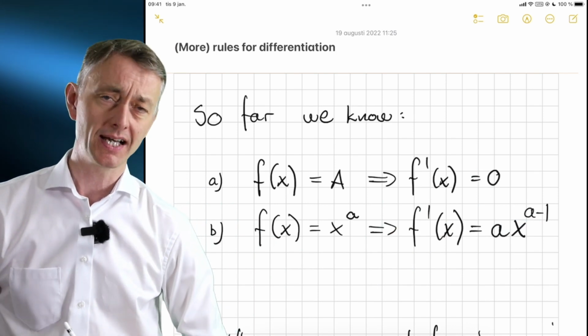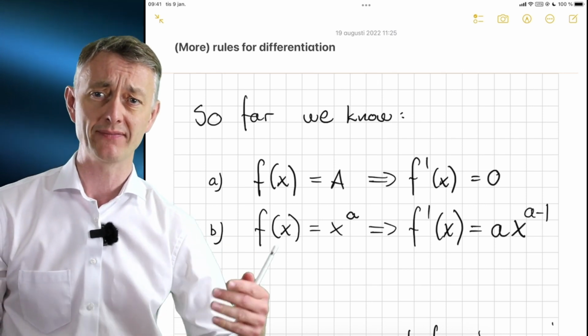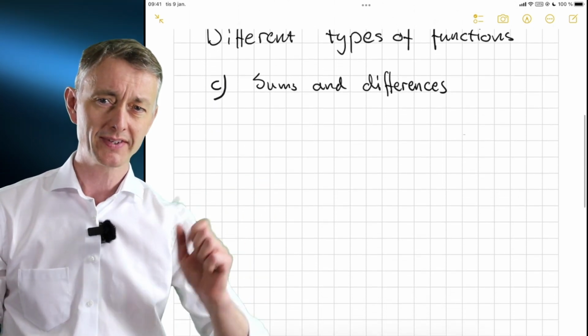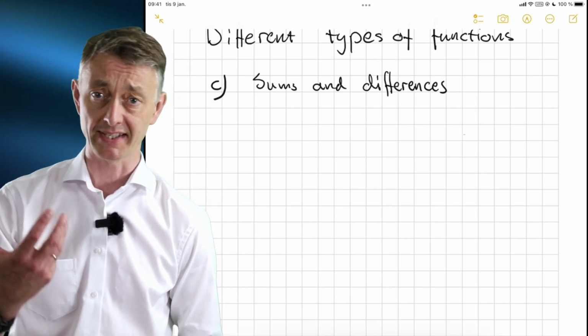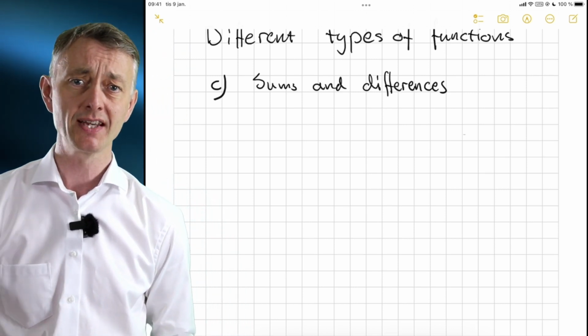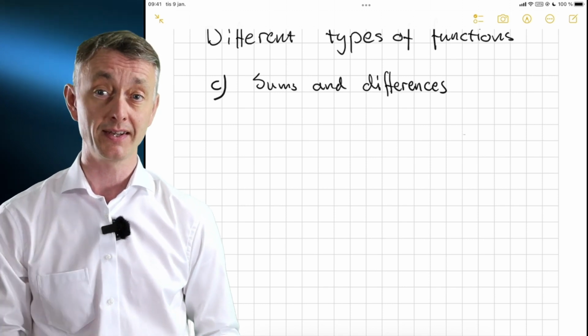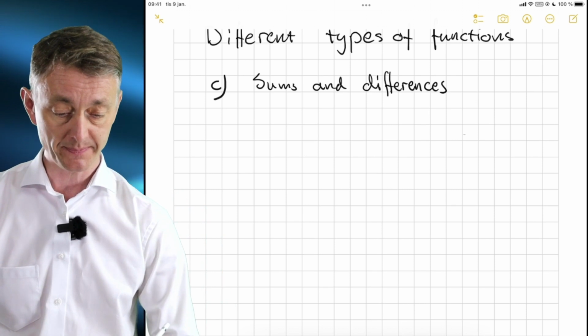Still, there may be other types of functions and other types of expressions that you may have to take the derivative of. One of these types that you may come across is sums and differences of different expressions of x. So here is one example.